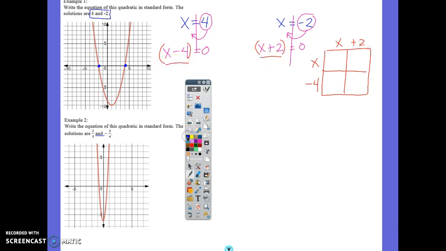So then you start multiplying. What's x times x? x squared. What's x times 2? 2x. What's x times negative 4? Negative 4x. And what's negative 4 times 2? Negative 8. You take these two and you add them. What's negative 4 plus 2?